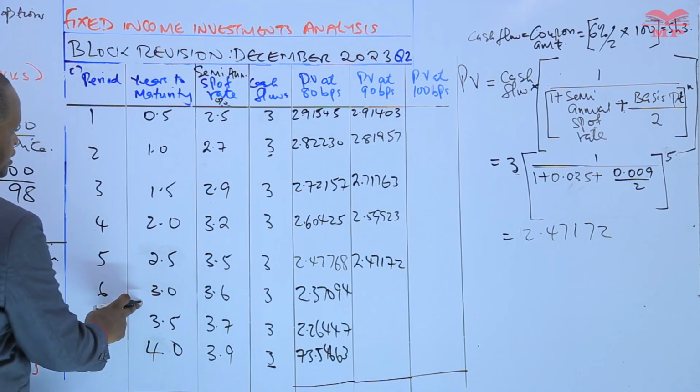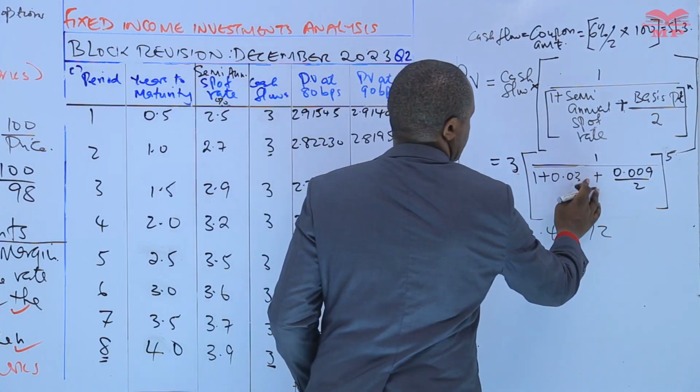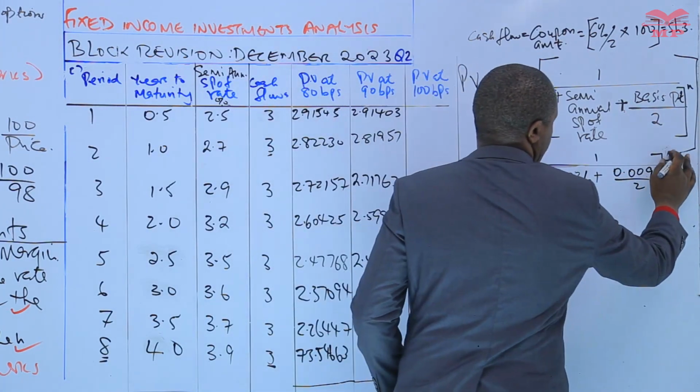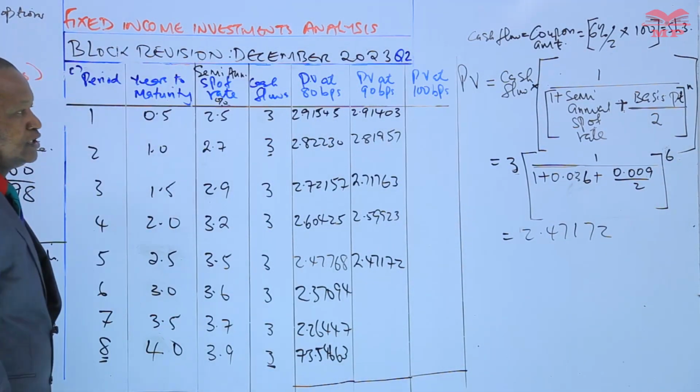Year 6 semi-annual spot rate 3.6, raised to 6. Are you following, candidates?